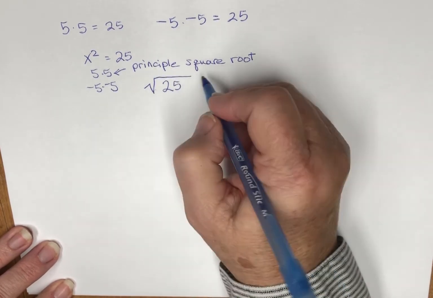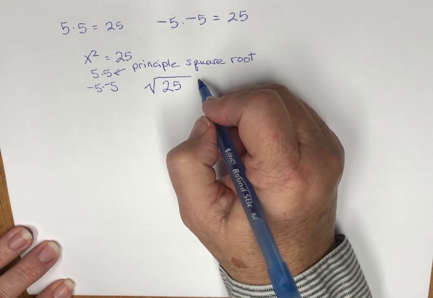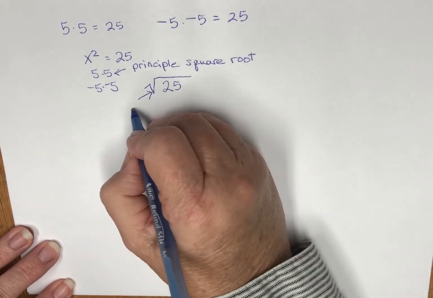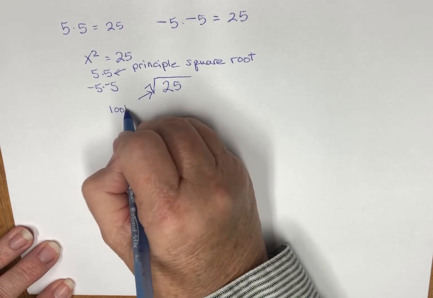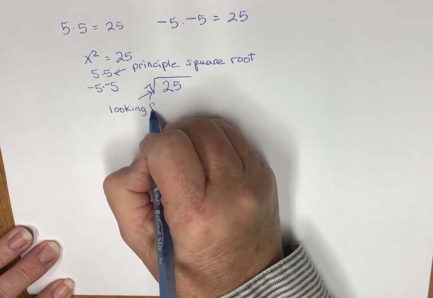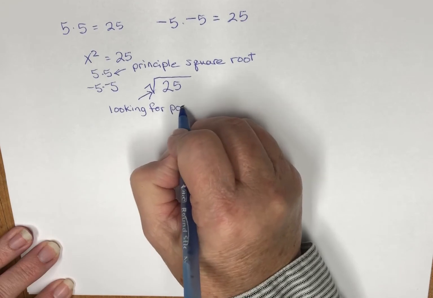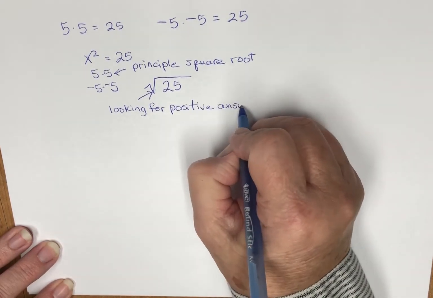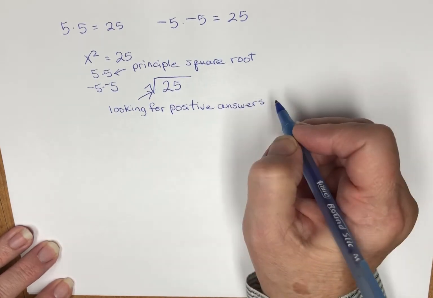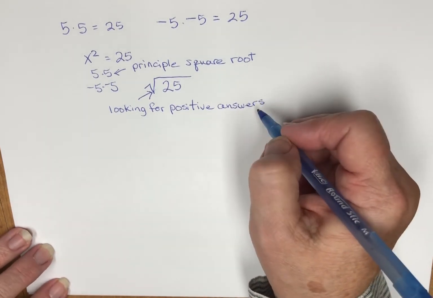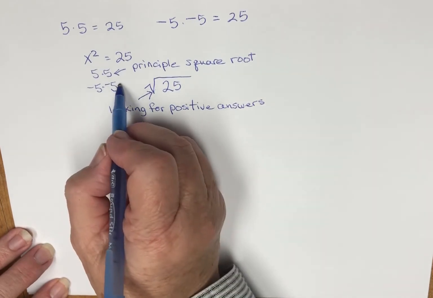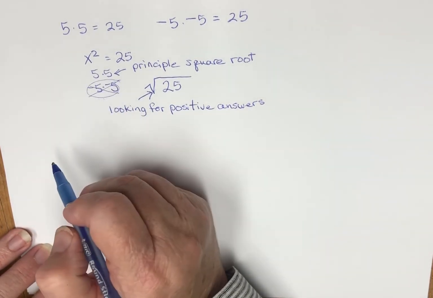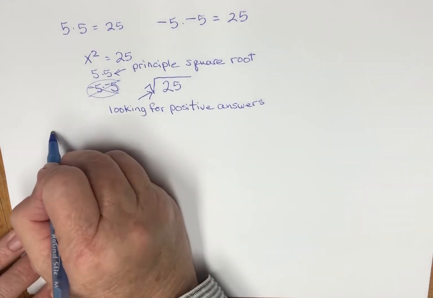The radical symbol implies you're looking for positive. So this is the radicand. It means you're looking for positive answers. So if we're looking for positive answers, it does not include these because we're not going to have -5 in there.